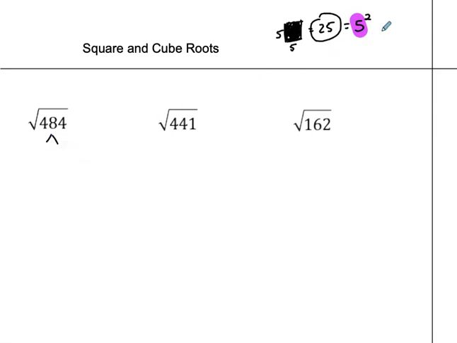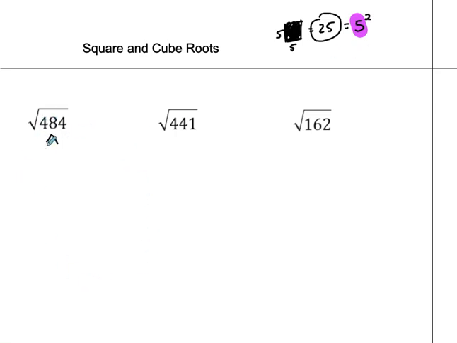If we can find pairs of factors, or some factor that's raised to the second power, then we know that we can find the root of that square, because it will just be the base of whatever has been squared. So let's try an example.